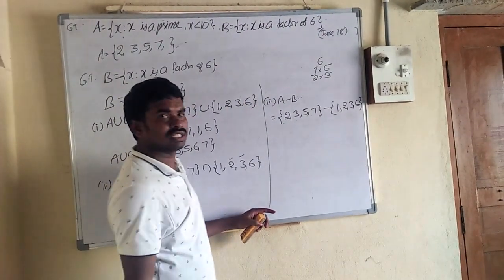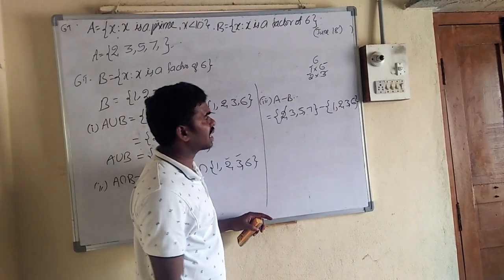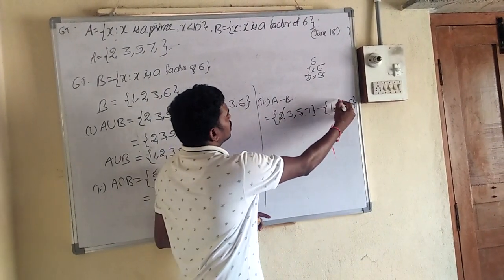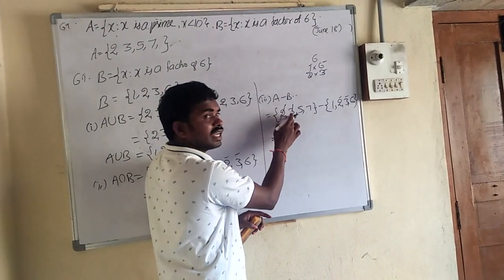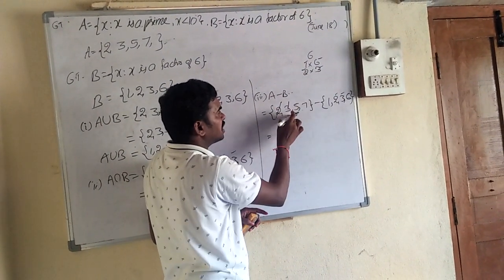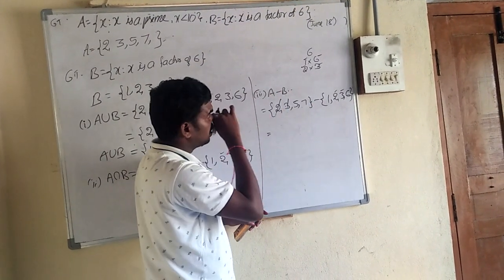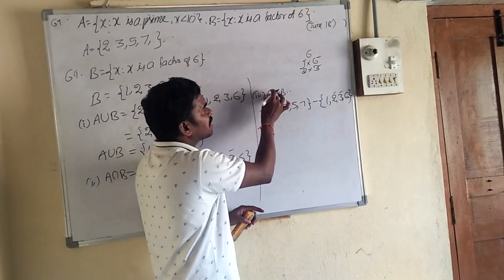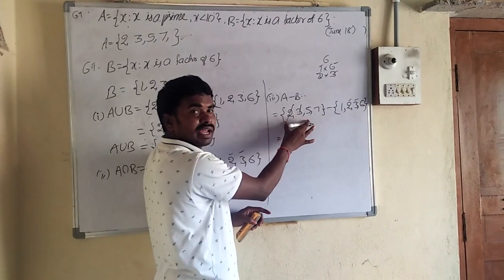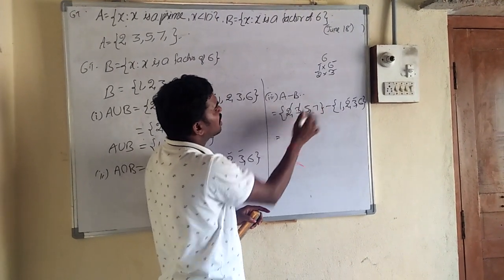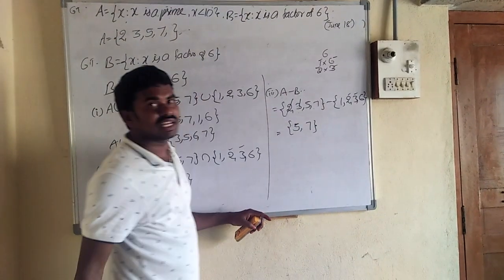So subtract B from A. 2 is there in B, cancel. 3 is there in B, cancel. So 2 and 3 are in B, that's why they are removed. B is removed from A, so whatever elements of B are in A, those are removed, then the remaining are 5, 7. This is A minus B.